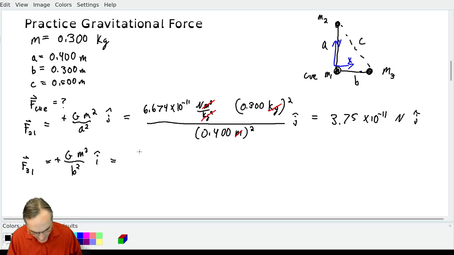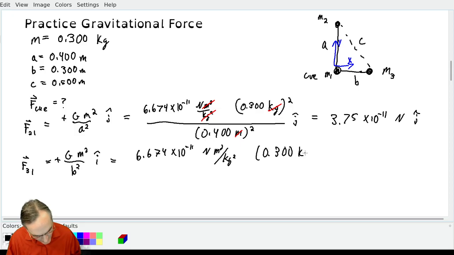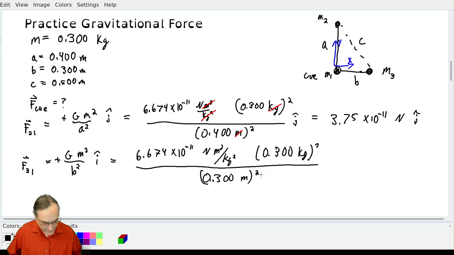I'll go ahead and put the numbers in one more time, although putting the numbers in can get a bit tiresome once you've figured out the equation. 0.300 kg squared all over 0.300 meters squared. So as luck would have it, I don't need the calculator for this one because 0.3 and 0.3 will actually cancel with each other. The meters will cancel because we've got squared top and bottom.